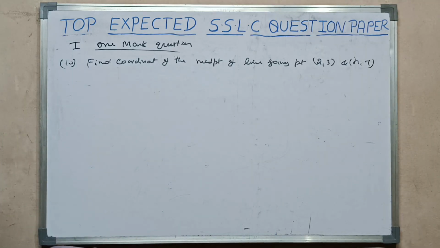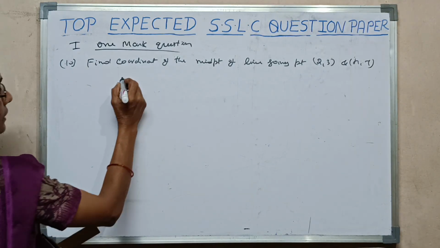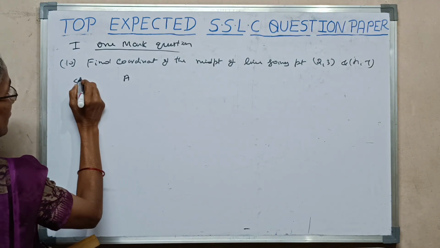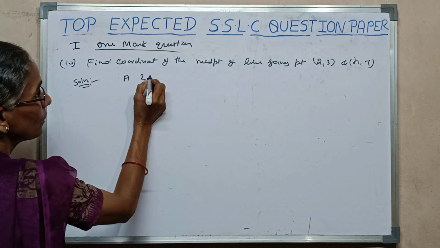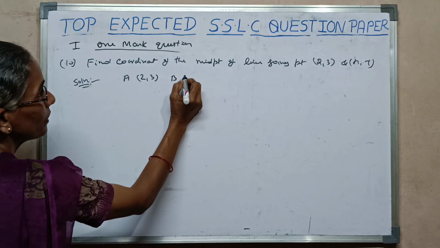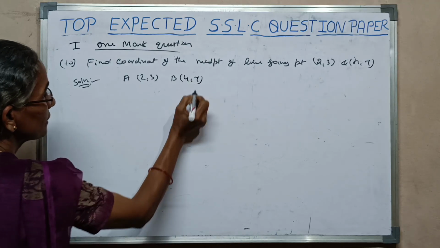Solution: the given points are A (2, 3) and B (4, 7).